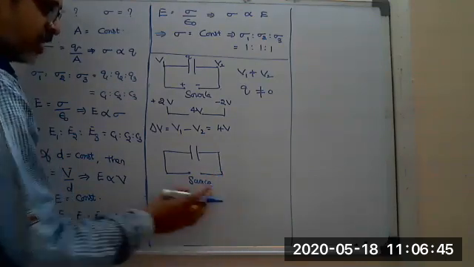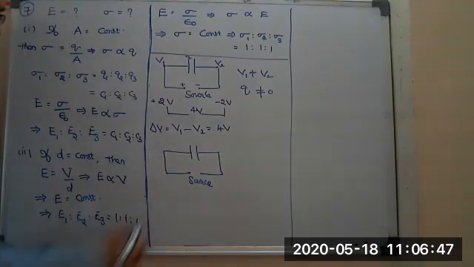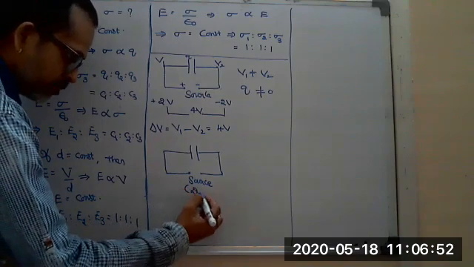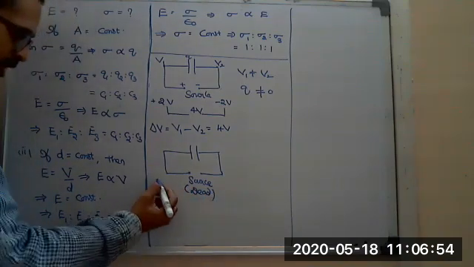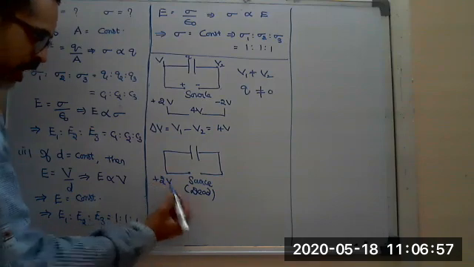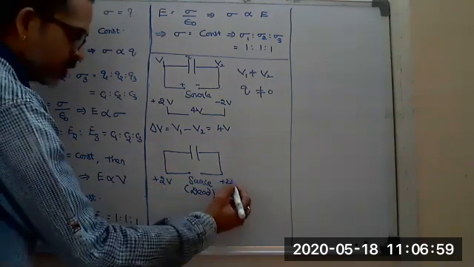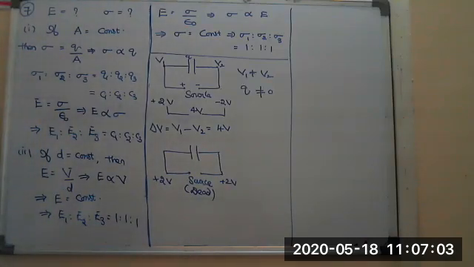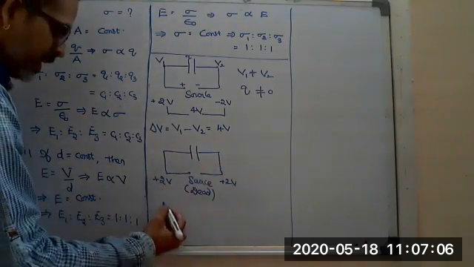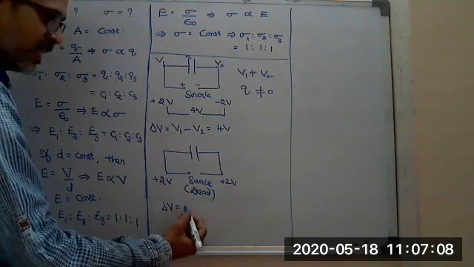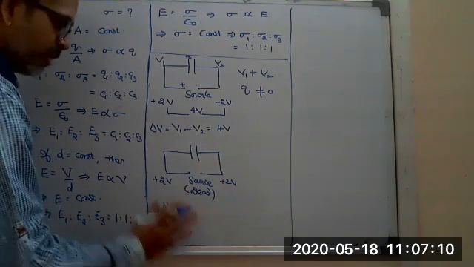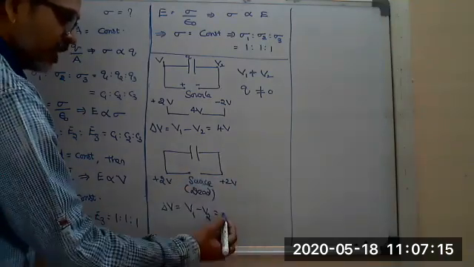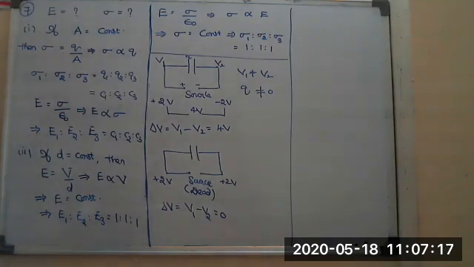How can you say the source is dead? It maintains the same potential on both sides, like plus 2 and plus 2, or simply 0 and 0. The potential difference between the two ends, V1 minus V2, is 2 minus 2, which is 0.